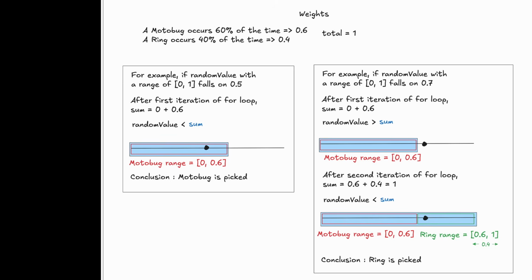However, since now the random value is inferior to the sum, that means something needs to get picked, and the ring range in our case is from 0.6 to 1. Remember, the motobug range was from 0 to 0.6, and now our ring range is from 0.6 to 1, so this range has a size of 0.4, and the random value falls within that range, which means the ring is the one getting picked.